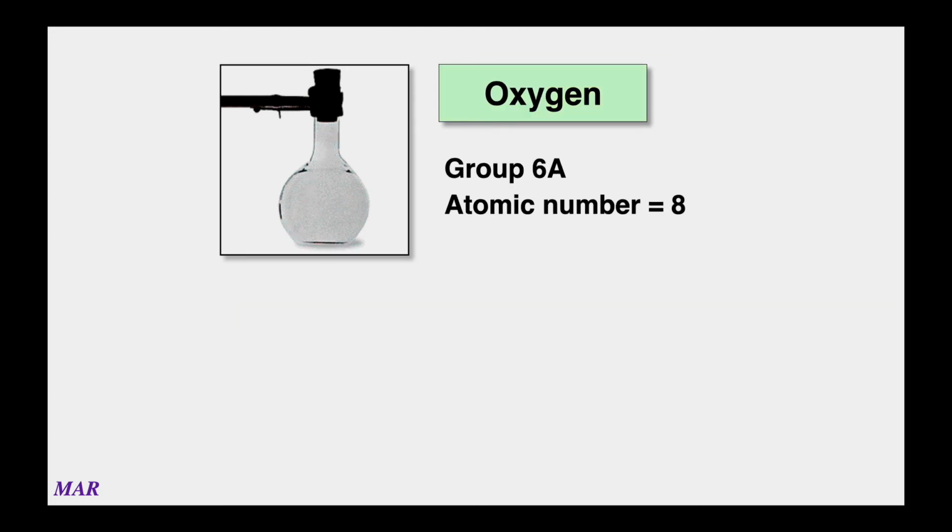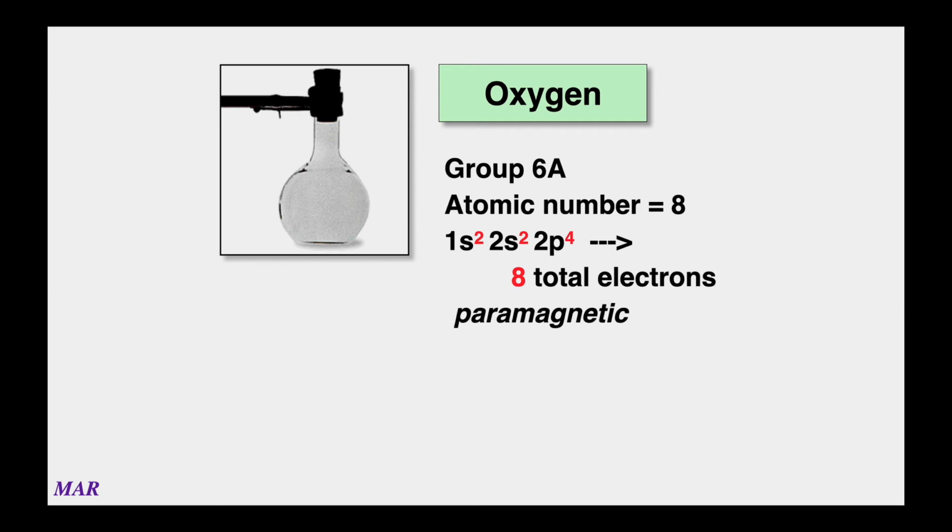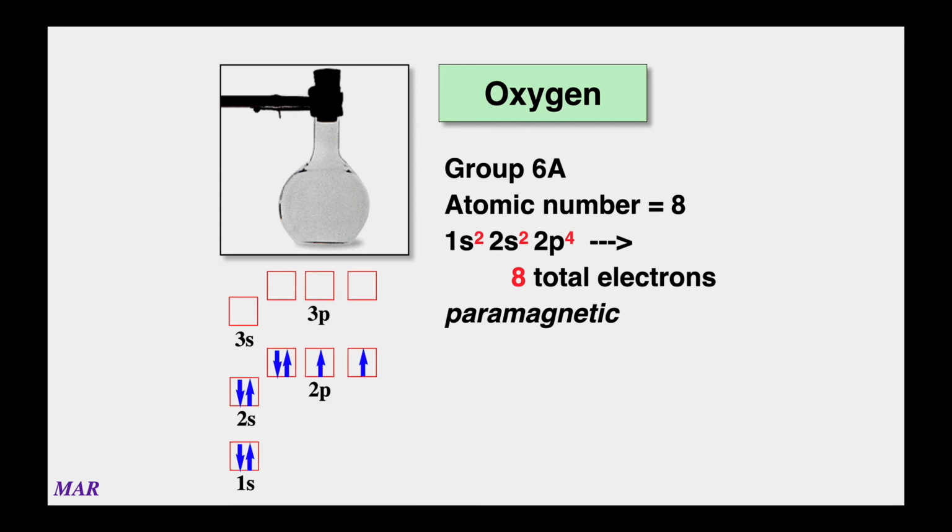However, the next one, a little bit more interesting. Oxygen, one more electron than nitrogen, all right? So just adding one more electron, 1s2, 2s2, 2p4. Remember that p's hold up to 6, so we still got some room. 8 total electrons possible. However, at this point now, the 8th electron, you have to put in with something that's already there.